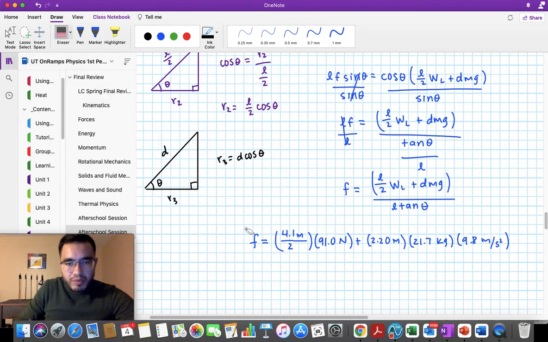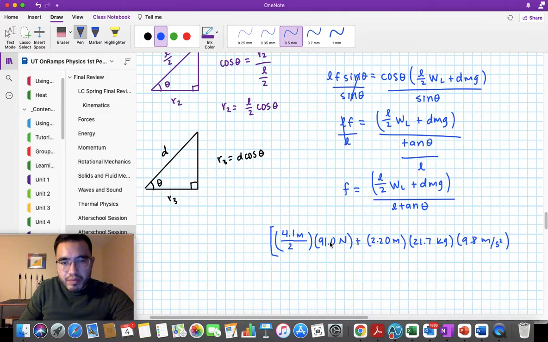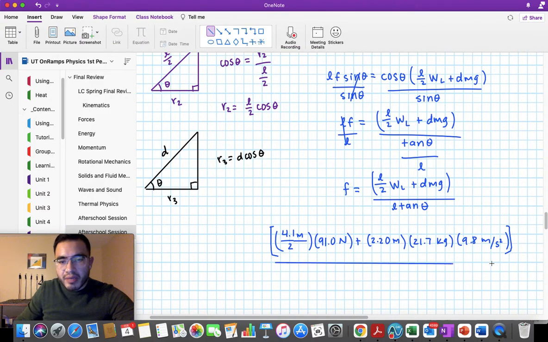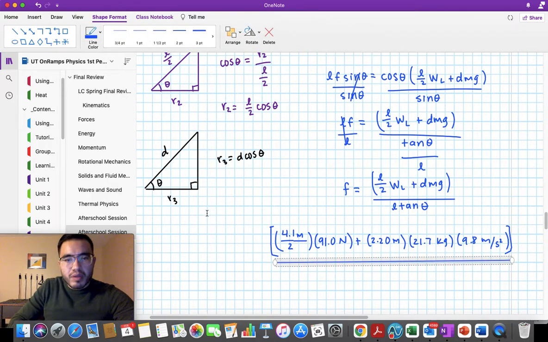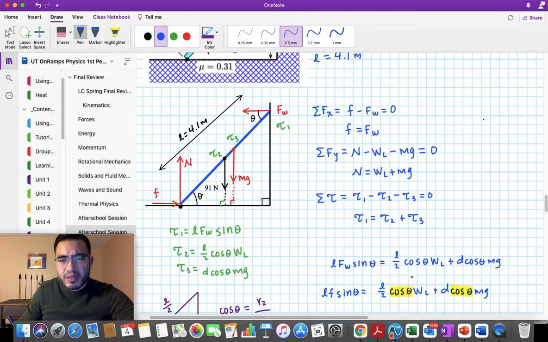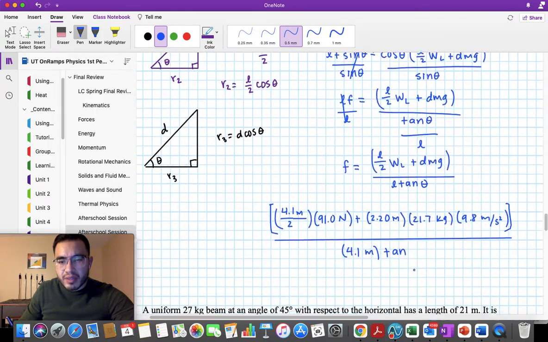Then I'm going to use brackets because this is a lot of stuff. And all this will be divided by the length of the ladder, which is 4.1 meters, times the tangent of theta, which is 60 degrees.